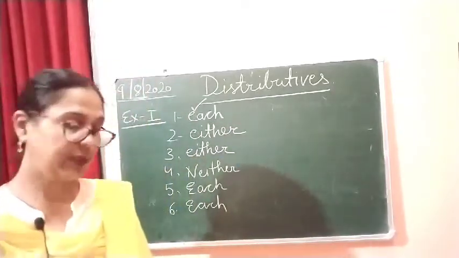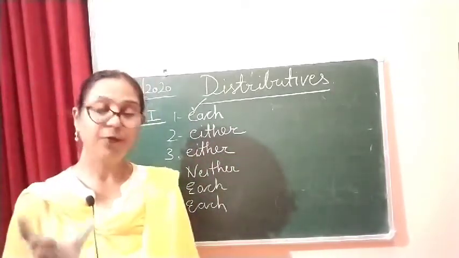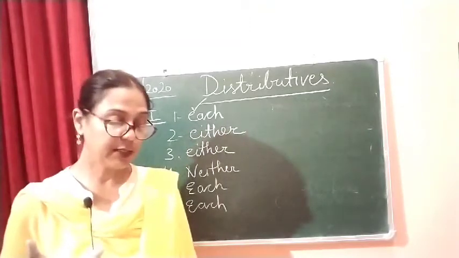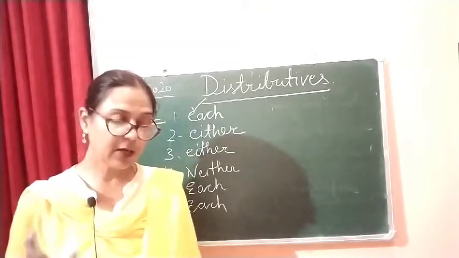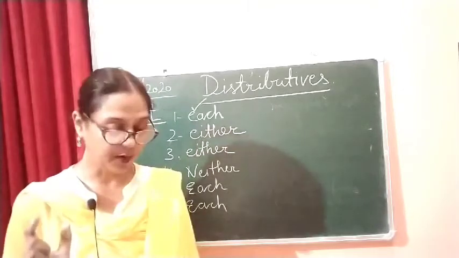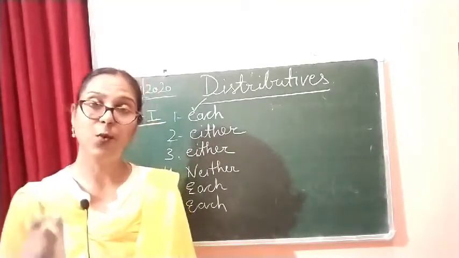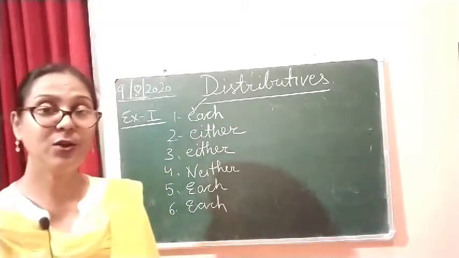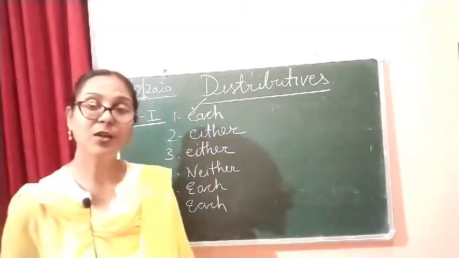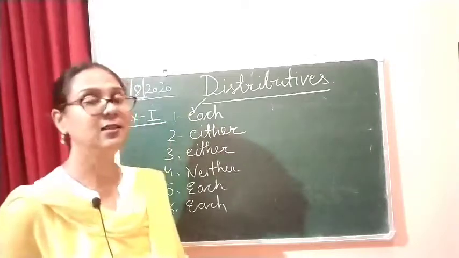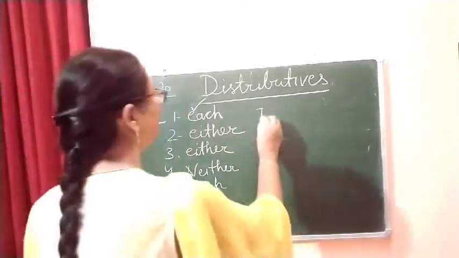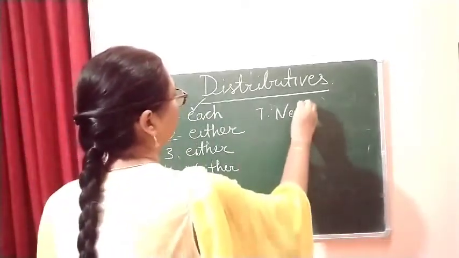Now we are moving to seventh. There are four options: either, neither, each, every. Library has French books. So what are we going to use over here? We are going to use neither. Seventh is neither.